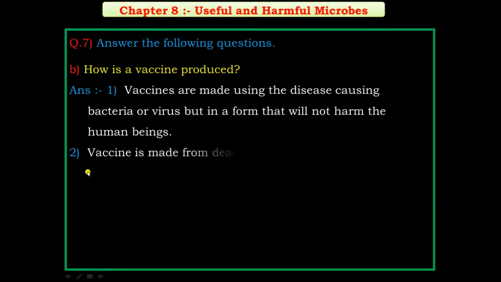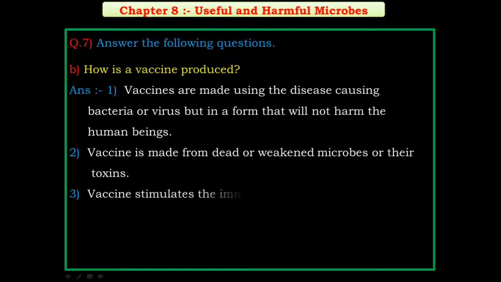Point number 2. Vaccine is made from dead or weakened microbes or their toxins. Point number 3.